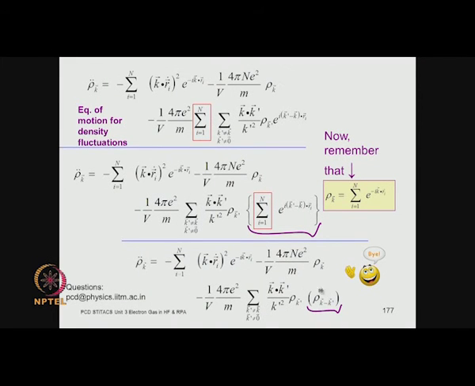These terms you will be able to ignore because of an approximation which is the random phase approximation, and you will find some additional reason to ignore this term as well. And then what you will be left with is the second time derivative of rho k, which is directly proportional to the displacement rho k itself and always directed inward, which is what you have in a simple harmonic oscillator.